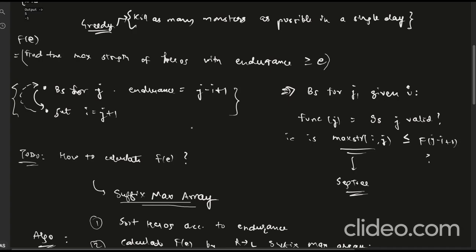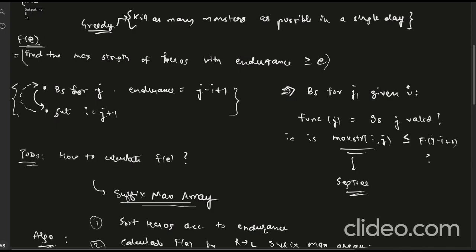First of all, sort the heroes according to their endurance, in increasing order of endurance, and then traverse the array in reverse direction and store the maximum strength encountered till now in F_e. So F_e would basically give us the maximum strength of heroes with endurance greater than or equal to e.